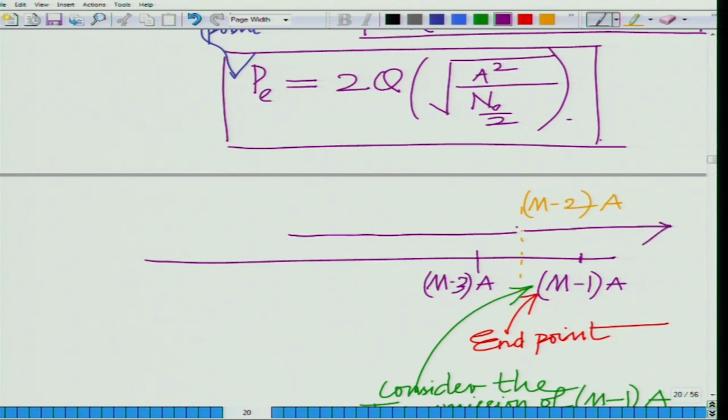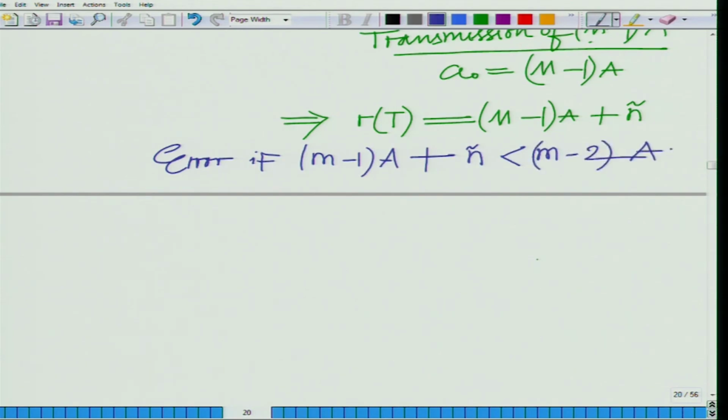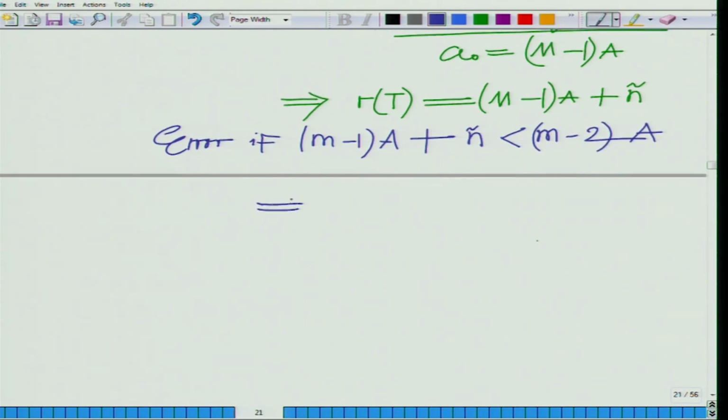So, an error occurs if R t is less than m minus 2 a, that is, if m minus 1 a plus n tilde is less than m minus 2 a, which implies n tilde is less than m minus 2 a minus m minus 1 a, that is, n tilde is less than minus a.